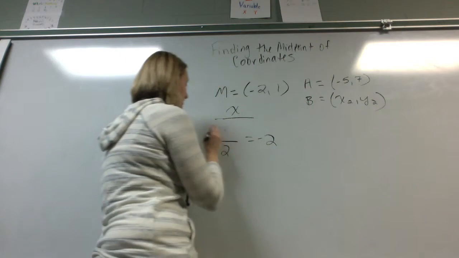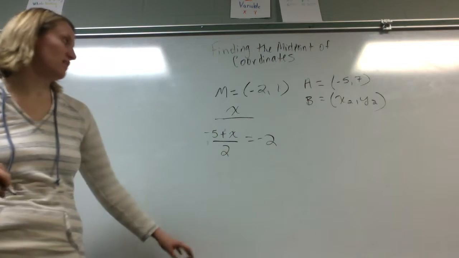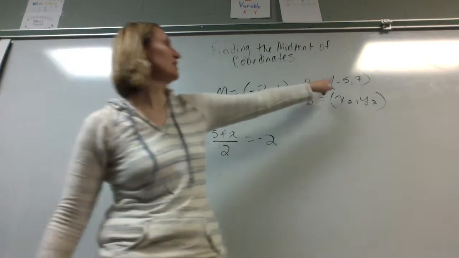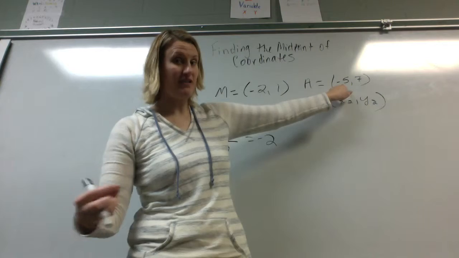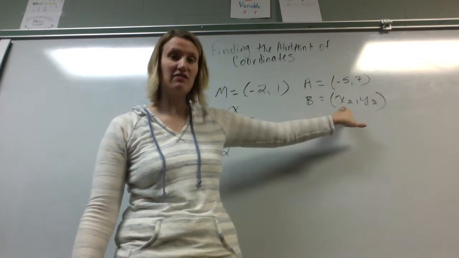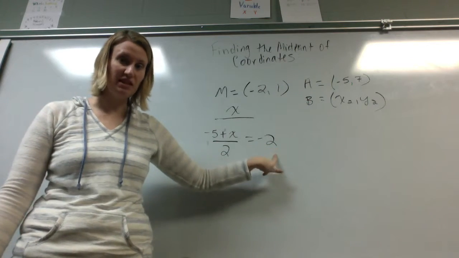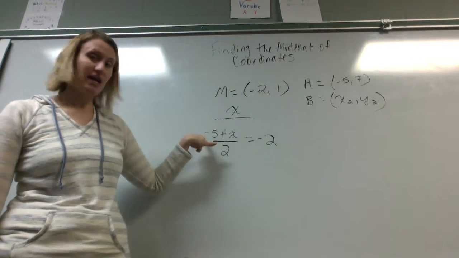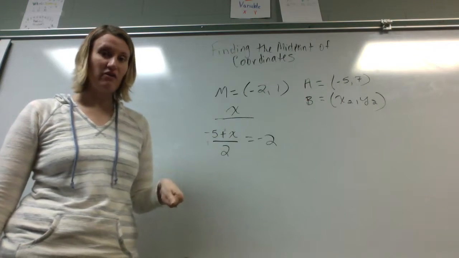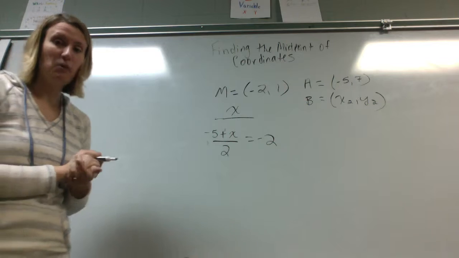So adding the x value of -5, and then of course that unknown x value. Just like before when I defined the midpoint, I'm taking the first x value plus the second x value, divide by 2, and that gives me the midpoint. Except this time I know the midpoint and I know one of the x values, I'm finding the other x value. This is just a simple equation that you can solve at this point.